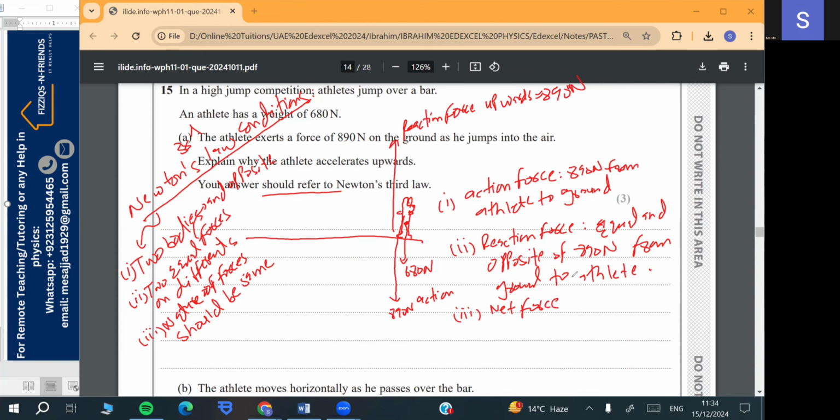The net force acting on the body is upward force minus downward force. Upward force is 890, and downward force is the weight, which is always acting downward, 680. So we have a net force acting on the body equal to 210 Newton. And because of this resultant force, the body accelerates upwards.